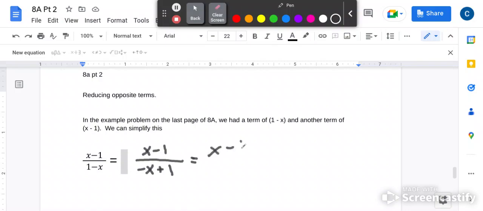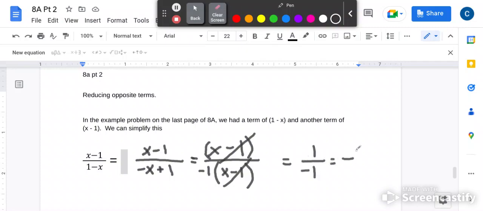Furthermore, we can factor out a negative 1 from the negative x plus 1, and then we have x minus 1 there. Now we see on top and on bottom we have x minus 1 and x minus 1, so they can go away. We're just left with 1 over negative 1, which is, of course, negative 1.